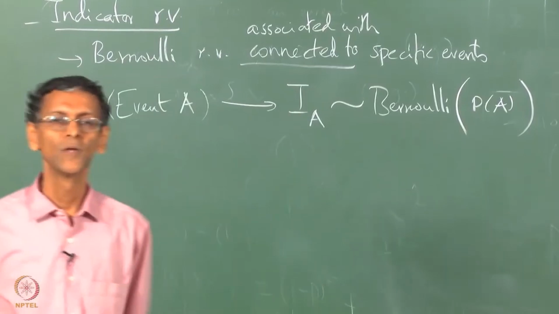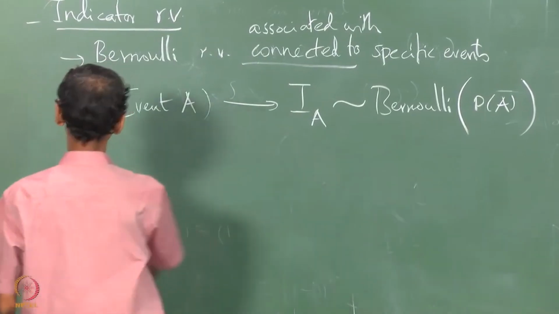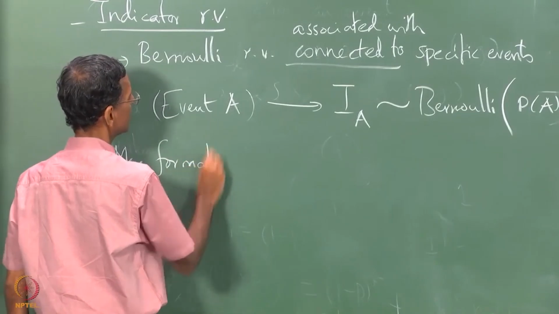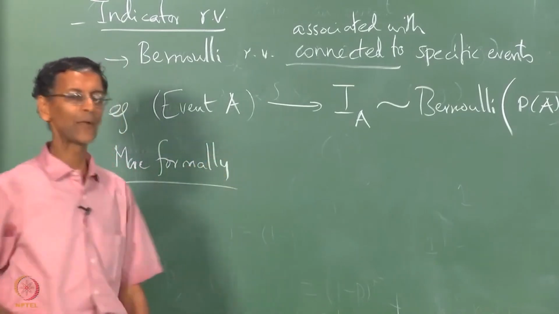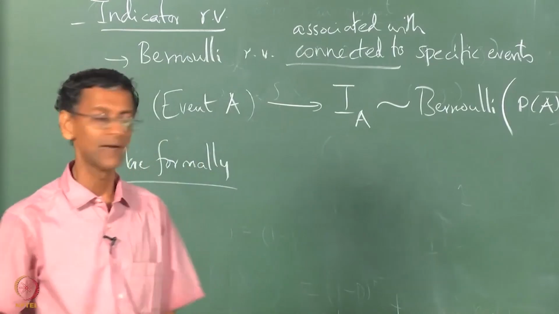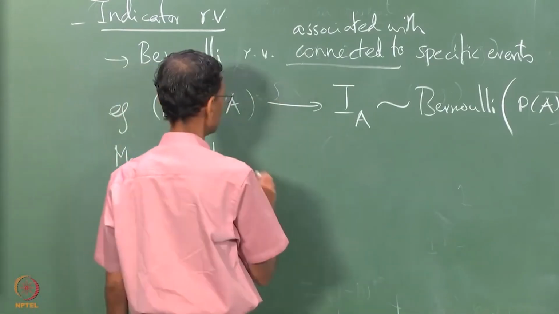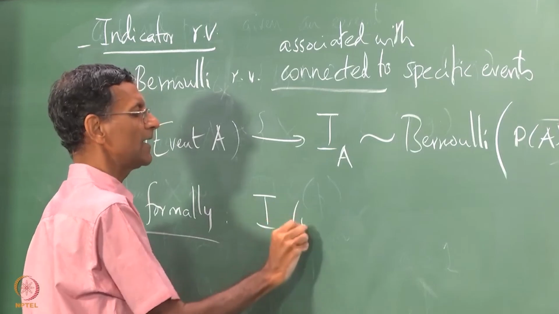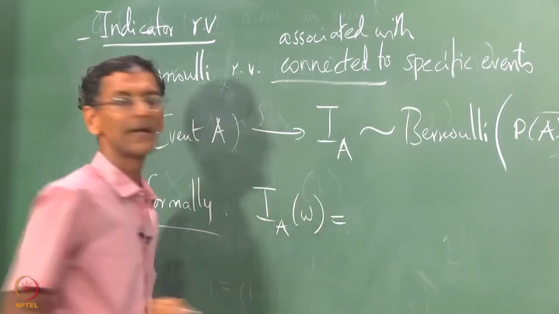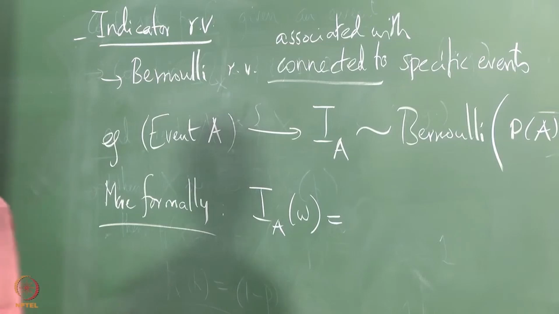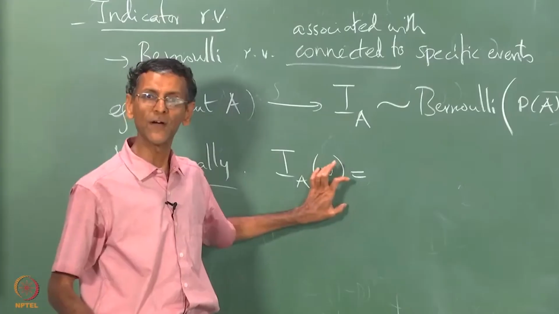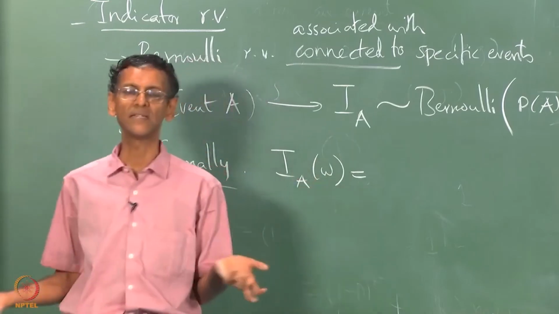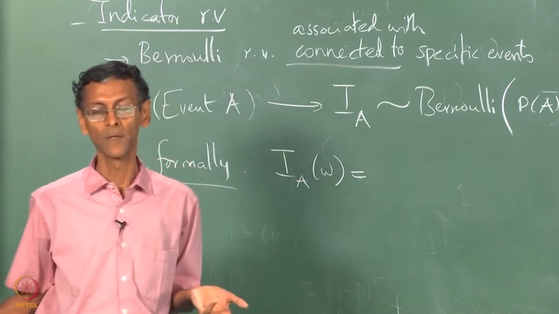More formally, in terms of the sample space capital Omega and sample point small omega, you say this: I_A of omega. Now we are going back to the definition of a random variable as a function of points in a sample space. I_A of omega is just 1 or 0.